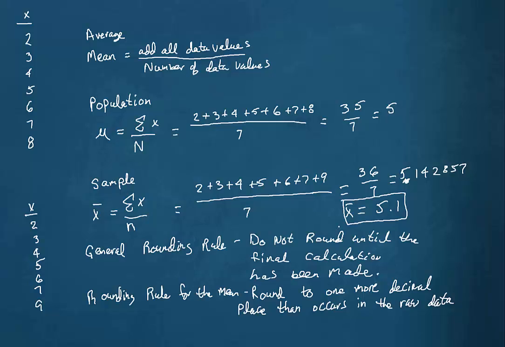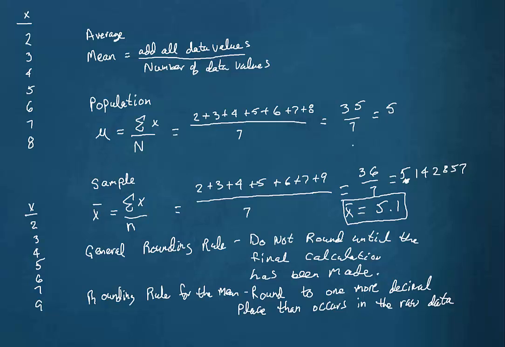One of the purposes for this is to convey to the reader what the measurement precision of the data set is. If we see a mean that is rounded to tenths place, then we know that the data values must have been whole numbers.